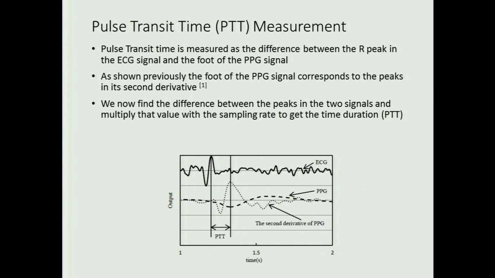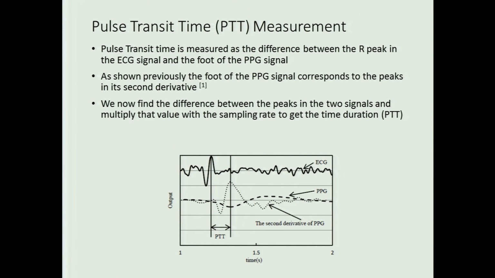And then you find the pulse transit time, the PTT measurement. Pulse transit time is measured as the difference between the R peak in the ECG signal and the foot of the PPG signal. So here is the PTT. You take the peak of the ECG and then the foot of the PPG, and then you calculate.